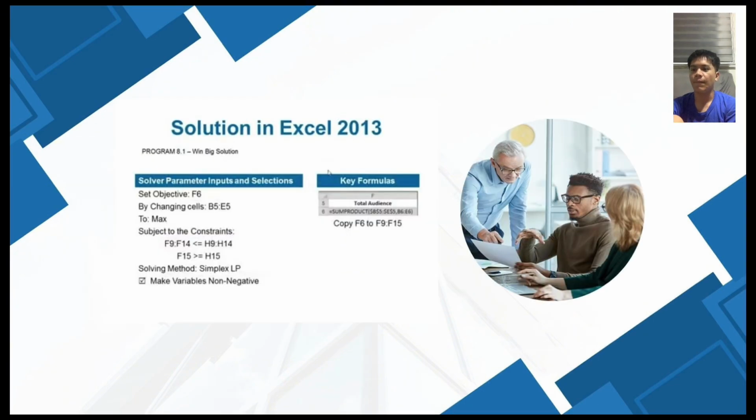The next is the continuation of the solution in Excel 2013 for the Excel output. This slide shows the Excel Solver output. The solution row, which represents x sub 1 through x sub 4, is what we just discussed.